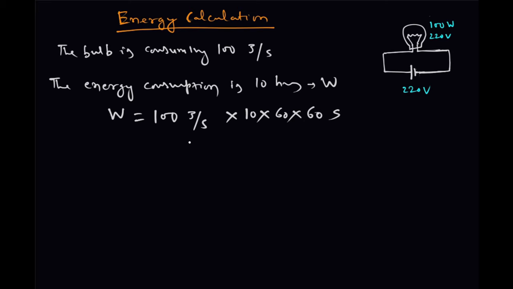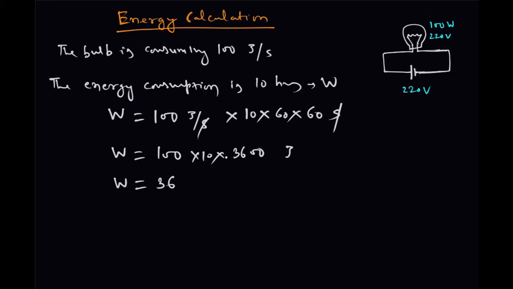So the seconds we can cancel. So we get W is equal to 100 into 10 into 3600 joules.